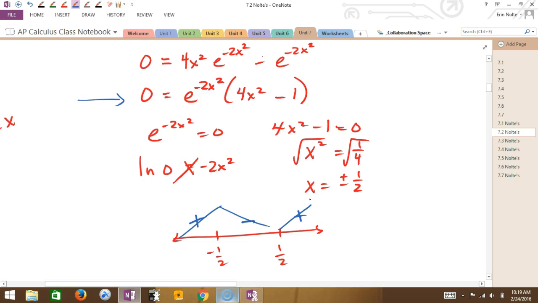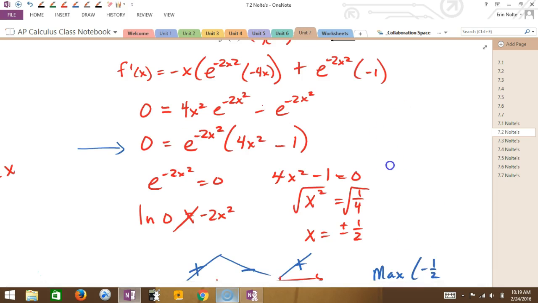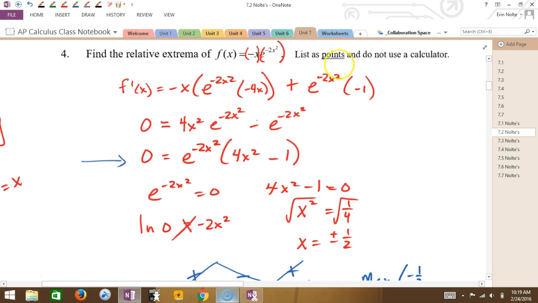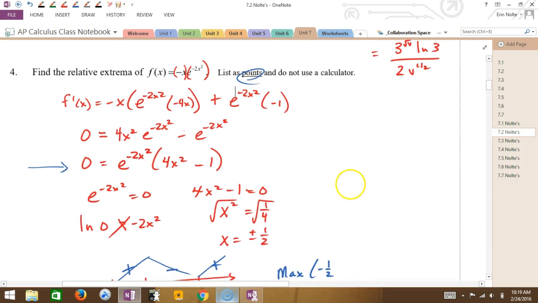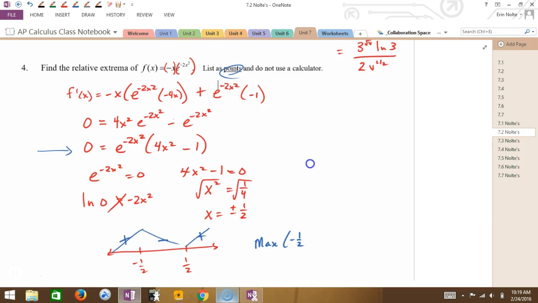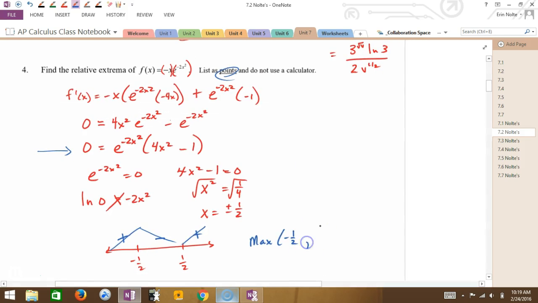So where is my max? -1/2, yeah. So the max is at -1/2, and what did they ask us to find again? Points. Oh, yuck. Okay, so points. Yeah, so I have to plug this in. I'm going to make this super simple and just plug it in.